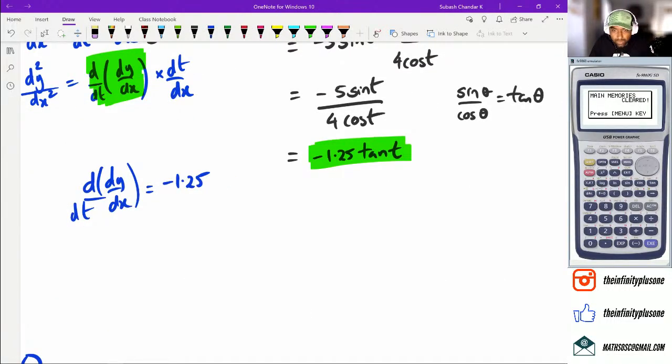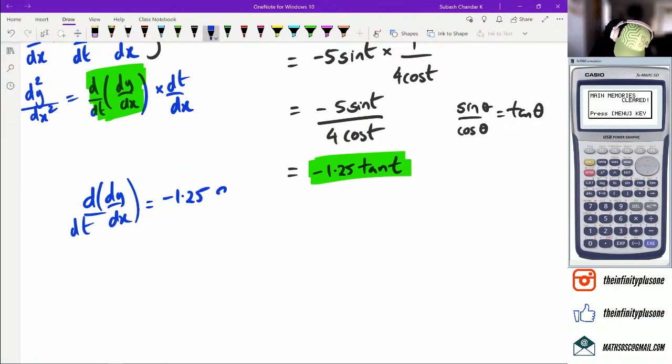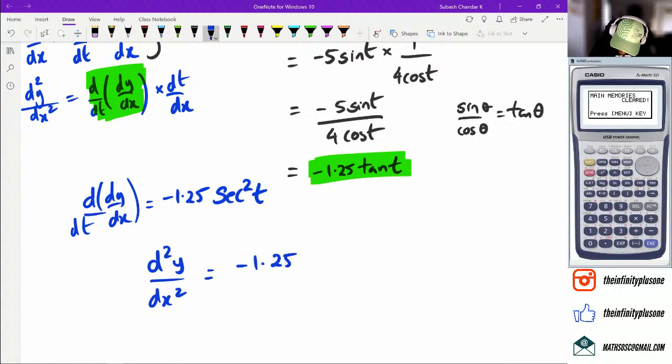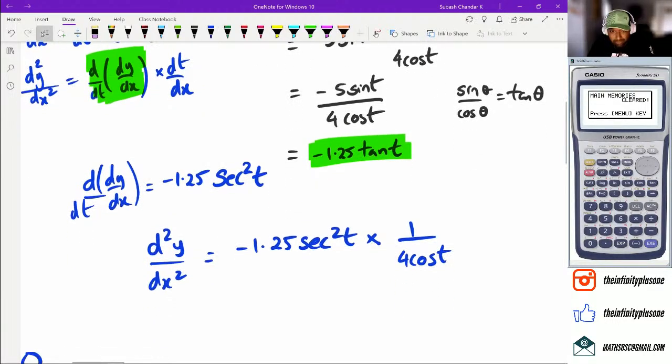I can't remember now. You always forget anything beyond tan. Tan is sec squared t. Yeah, that's the one. So we're going to rewrite this now as negative 1.25 sec squared t multiplied by dt/dx, which was 1 over 4 cos t. And I believe that's basically it.